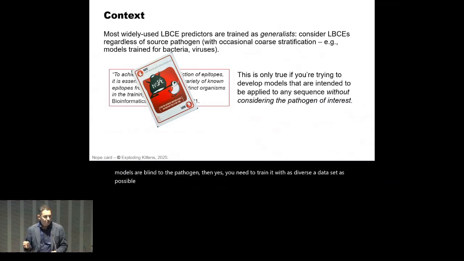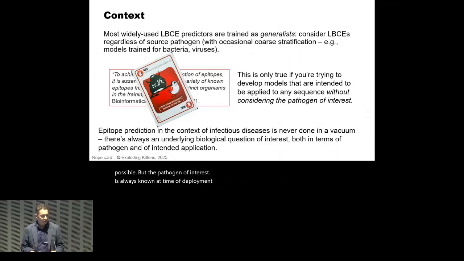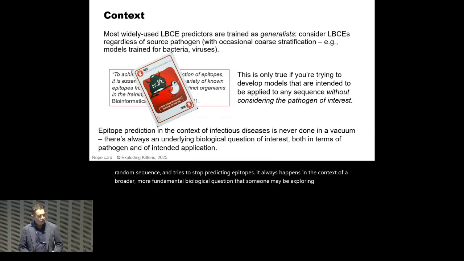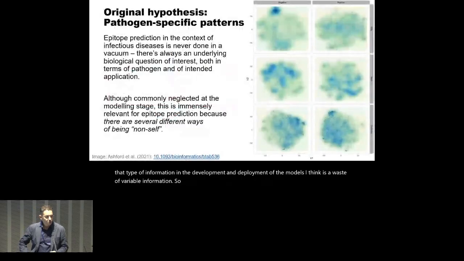But the pathogen of interest is always known at time of deployment. No one simply wakes up in the morning, grabs a random sequence, and tries to start predicting epitopes. It always happens in the context of a broader, more fundamental biological question that someone may be exploring. And not using that type of information in the development and deployment of the models, I think, is a waste of valuable information. So that informed our original hypothesis.